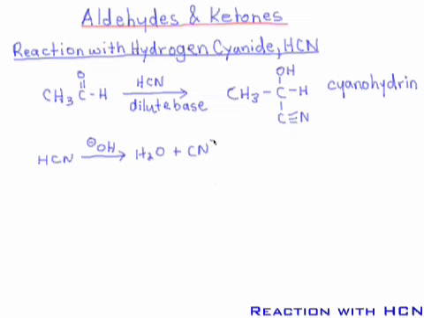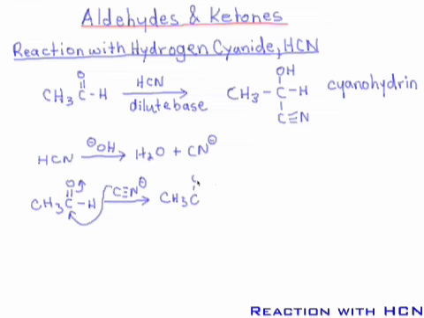Now only a small amount of base is used because as the cyanide attacks the aldehyde, cyanide is now a strong nucleophile. If it attacks the carbonyl, you produce a base, an alkoxide. And the base that forms can further deprotonate HCN, liberating more nucleophile.